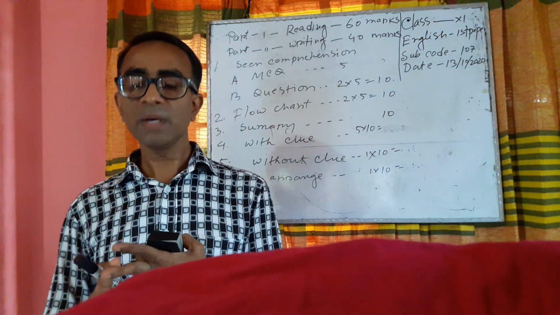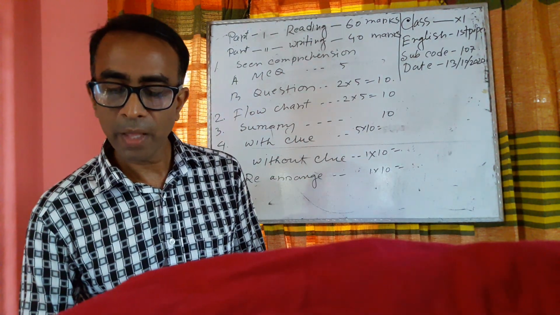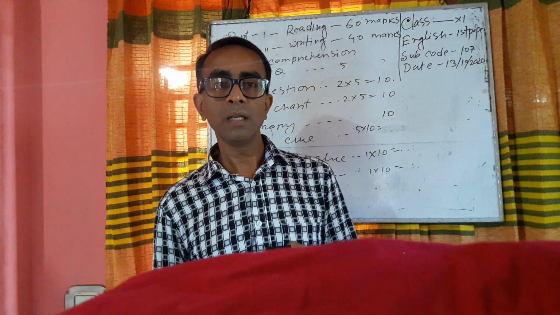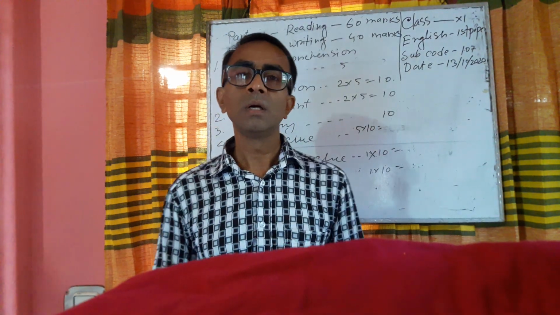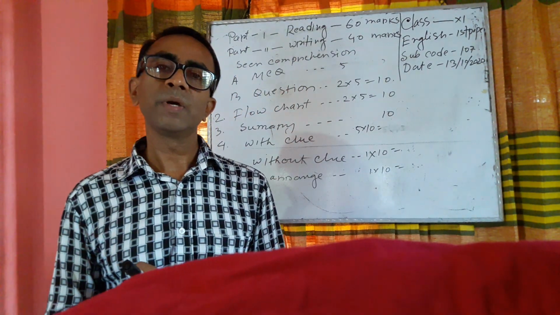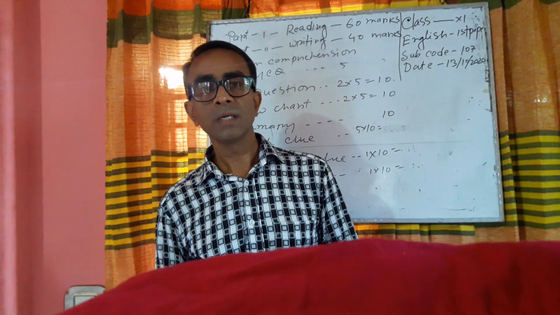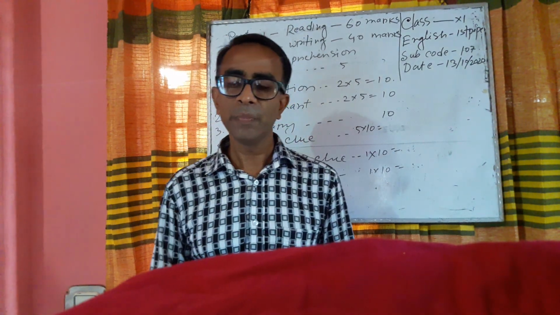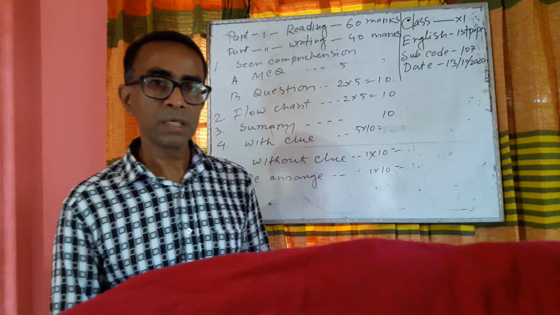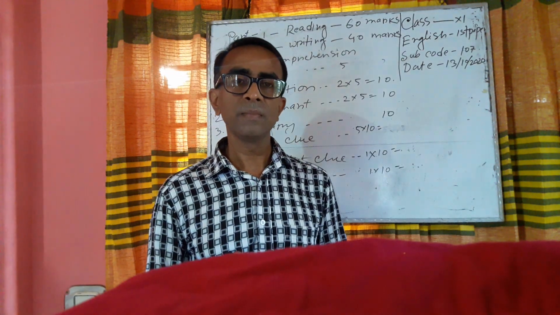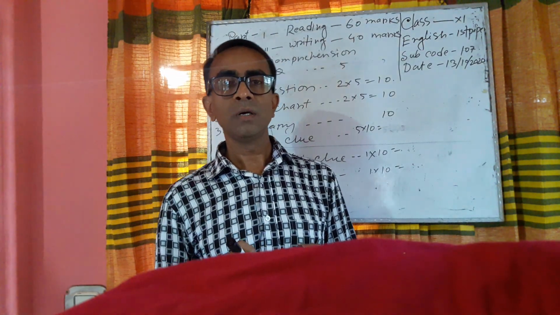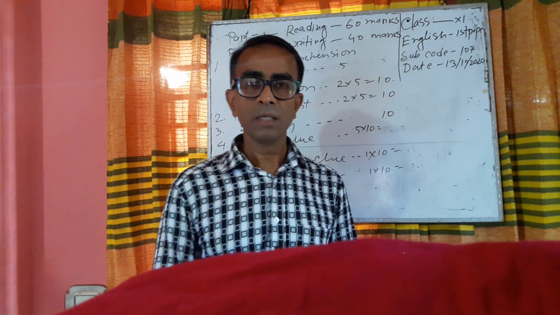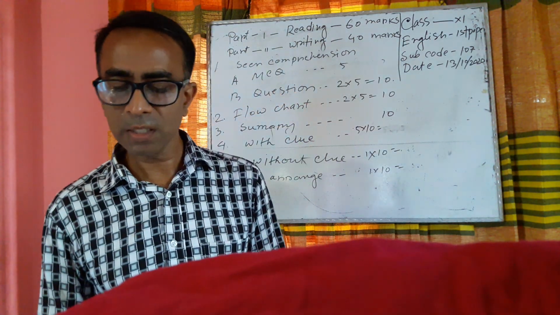It also bears 7 marks. And number 9, there can be an email, or there can be a letter. It bears 5 marks. Number 10, there can be a graph chart. You are well known about this item, graph chart or pie chart. It also bears 10 marks.